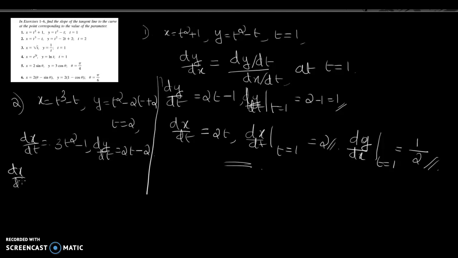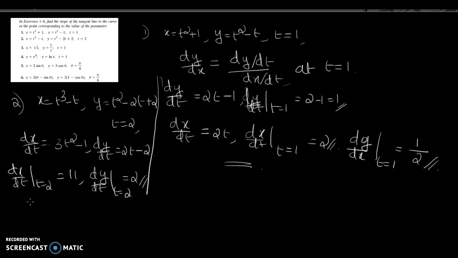Next, dx by dt at t equal to 2 is 4 into 3, that is 12 minus 1, 11. Dy by dt at t equal to 2 is 4 minus 2, equal to 2.